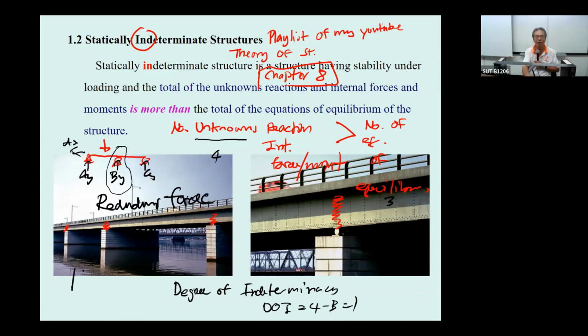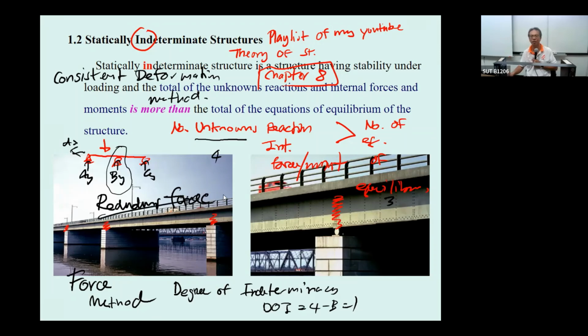And this method that we use in the theory of structure, we call it the force method, the consistent deformation method. We call it the force method because we use force as an unknown.